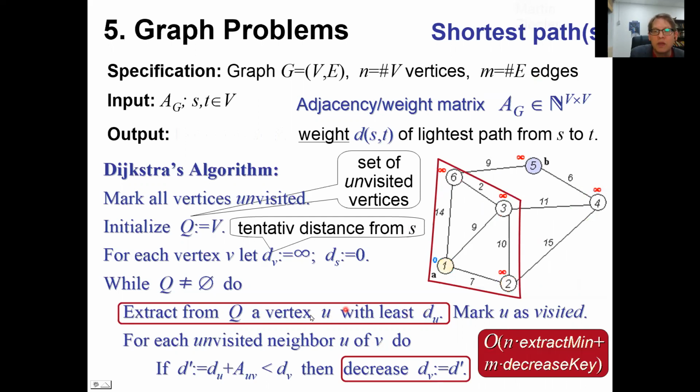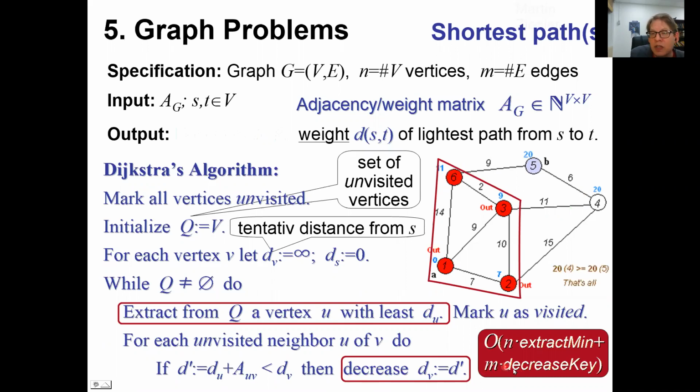So the overall cost of Dijkstra's algorithm is n times for the execution of the outer loop. And the costly part of the outer loop is this extract min operation here: extract from Q the vertex with least key value. So the cost of the outer loop is n times the cost of one single extract min operation. And the cost of the inner loop is m times, because the inner loop body gets executed m times, and in each execution there is a possibility for calling a decrease key operation.